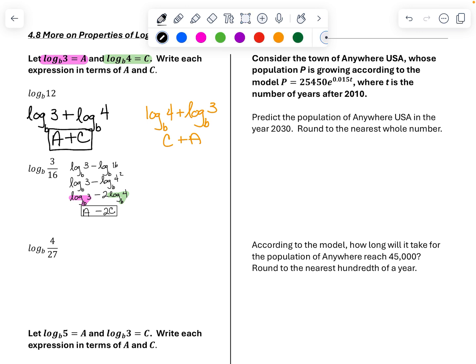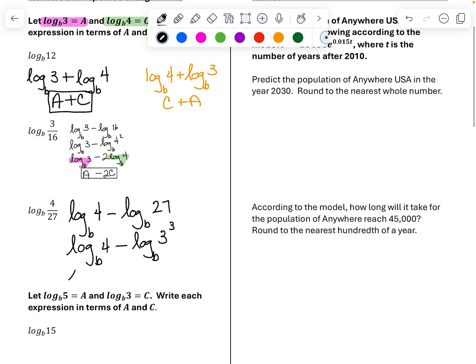This one, I would say the fraction bar means subtraction. And I would say 27 is 3 to the 3rd power. And the 3rd power becomes the coefficient.